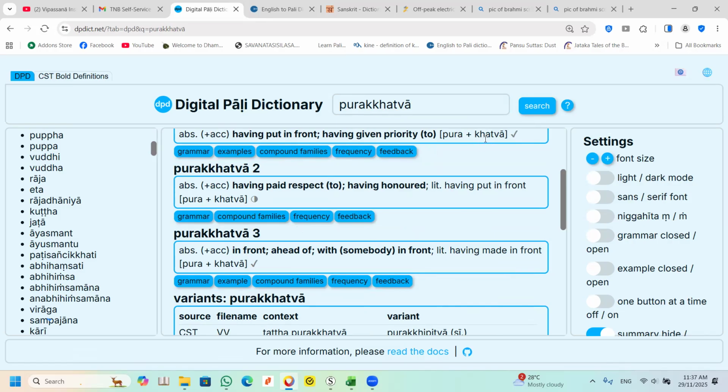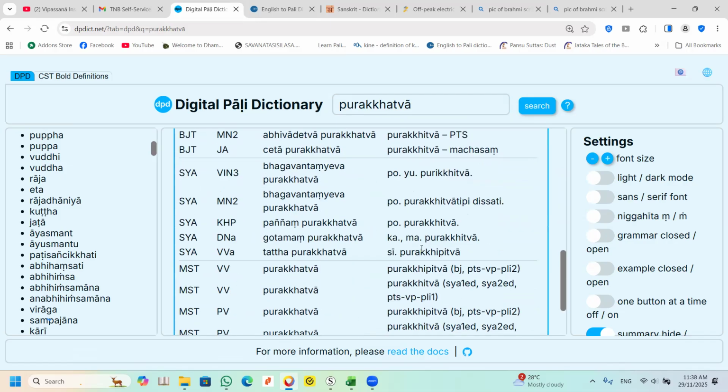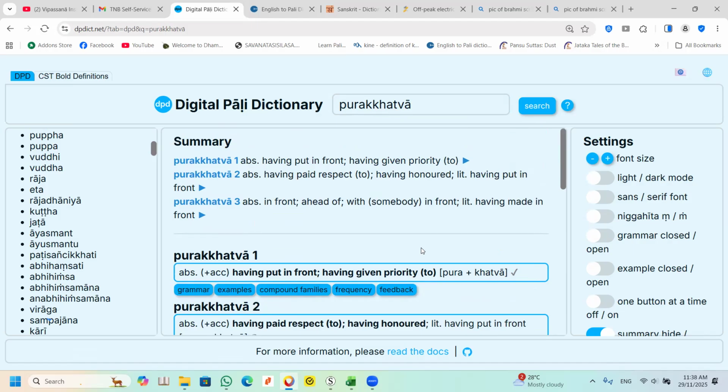Here, pura plus katwa. So that means pura is a compound. Okay, now you take this one, katwa. Let's see from here. The word pura is previously or in front.